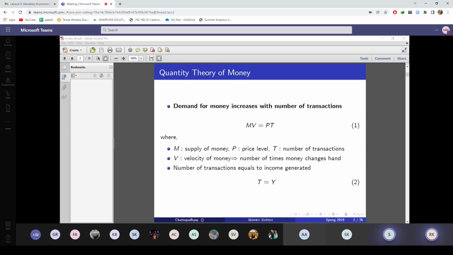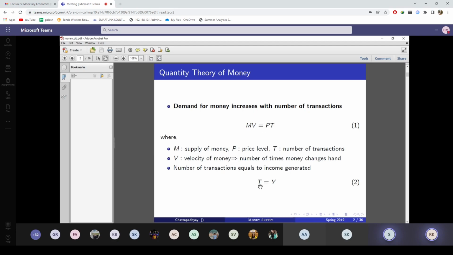From where? It is generated from that 50 rupees of money supply the central bank created. So the amount of money created by the central bank, denoted by M over here, the number of times it is changing hands, that is the velocity of money. And it's an identity. MV has to equal PY.